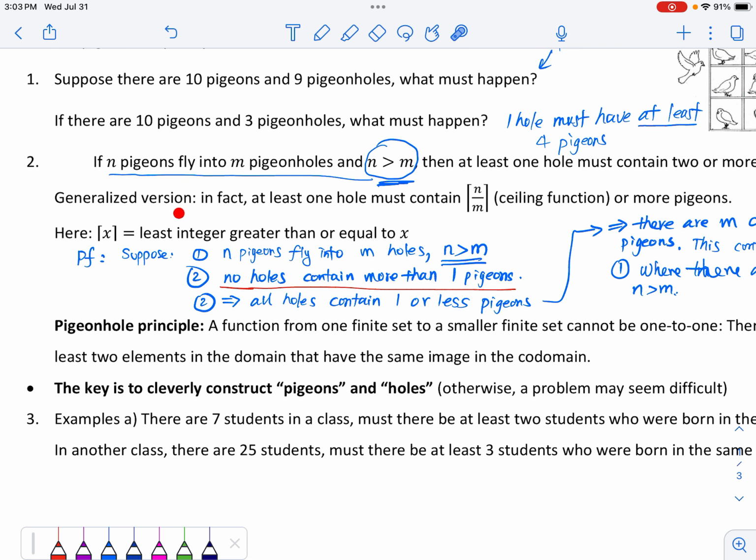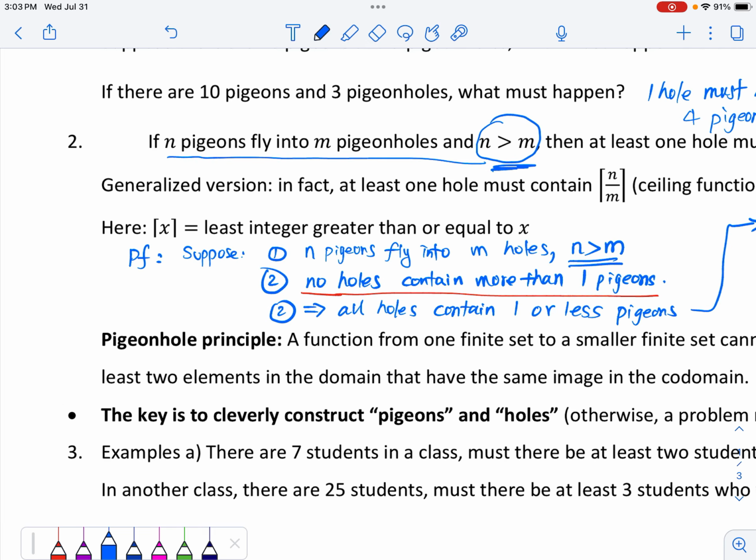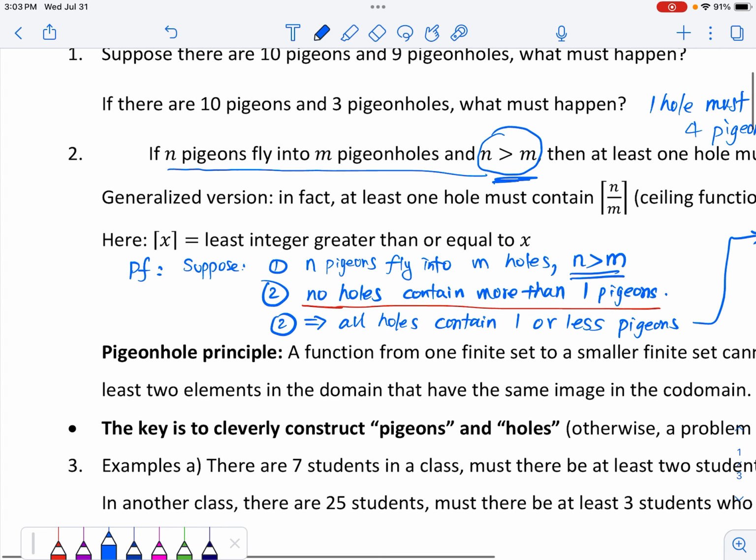Well, a generalized version. In fact, if we have m and n where n is greater than m, then we can conclude that at least one hole must contain the ceiling of n over m or more pigeons. Let's talk about the ceiling function. The ceiling of x means the least integer greater than or equal to x.